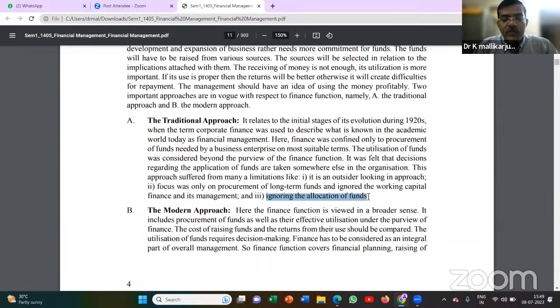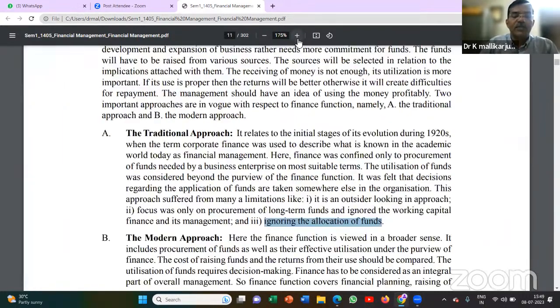For example, recently 2 or 3 companies came forward to issue IPOs. They said that if you buy the company shares, the amount can be used for clearing debts, entering new business models, or expanding the business. That is the allocation of funds, how the firm allocates its resources. That was the case before the 1950s.